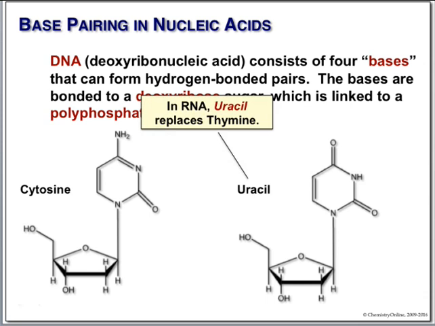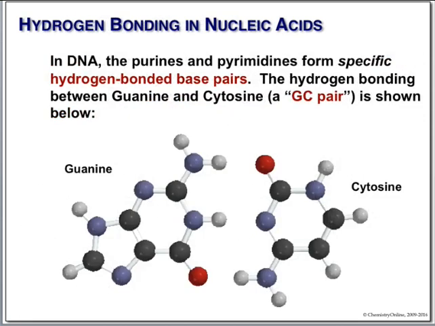All right. We talked about hydrogen bonding once. The particular structure of the RNA and DNA bases are such that when they line up next to each other quite properly, they can form hydrogen bonds. There's an NH and a carbonyl.